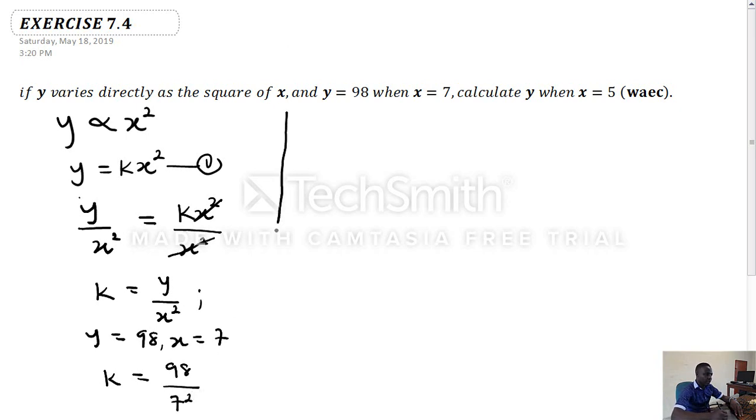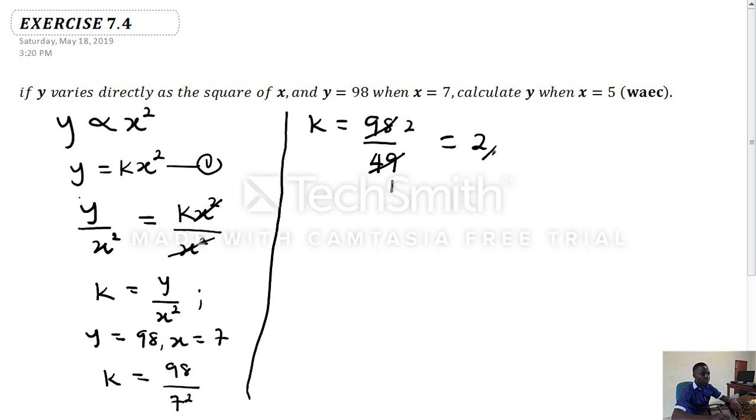Let's simplify further: 7 squared is 49, and if you look at it, you discover that 49 is half of 98, meaning 49 can go into 49 and 98. 49 into 98 is 2, and 49 into 49 is 1, so that our value of k becomes 2.